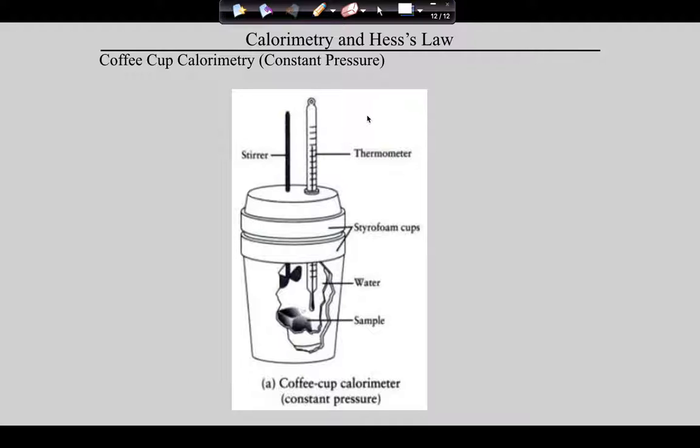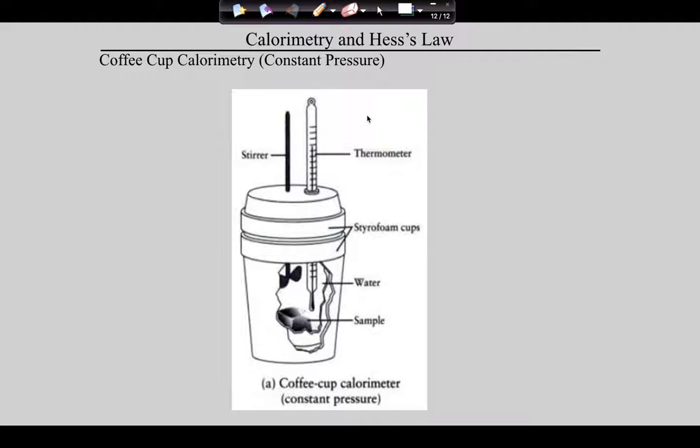So guys, coffee cup calorimetry is actually what is called constant pressure calorimetry. And guys, in a constant pressure calorimeter, functionally what you've got is an insulated container. The better insulated the container is, the more expensive the calorimeter. If you're doing this as a calorimetric chemist in college, you'd have a thermos that is crazy good.